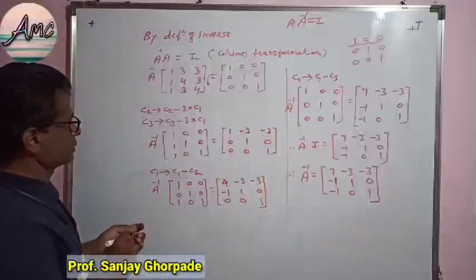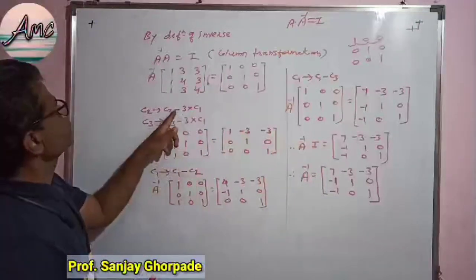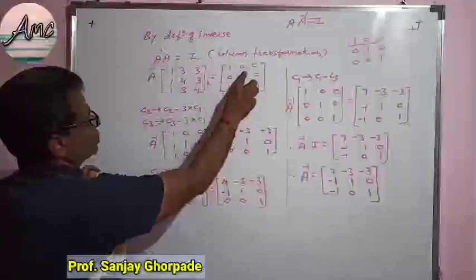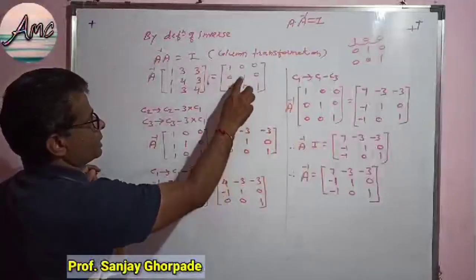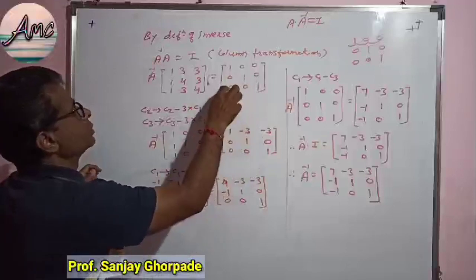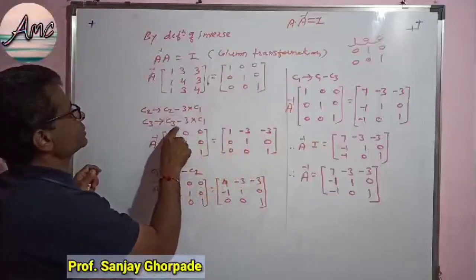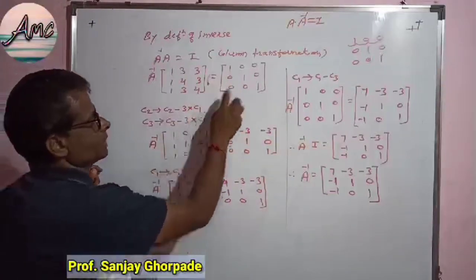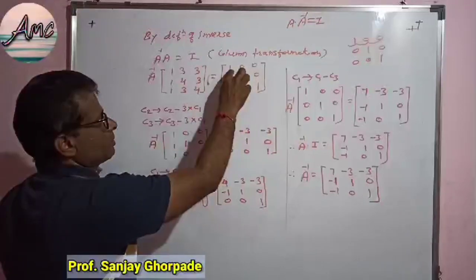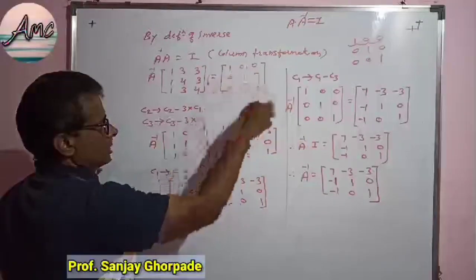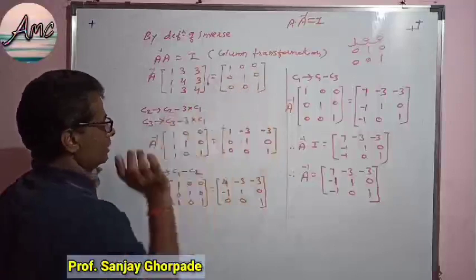Come to the right hand side. C2 minus 3 times C1: 0 minus 3 is minus 3, 1 minus 0 is 1, 0 minus 0 is 0. Then C3 tends to C3 minus 3 times C1: 0 minus 3 into 1, so minus 3, 0 minus 0, 1 minus 0 is 1.